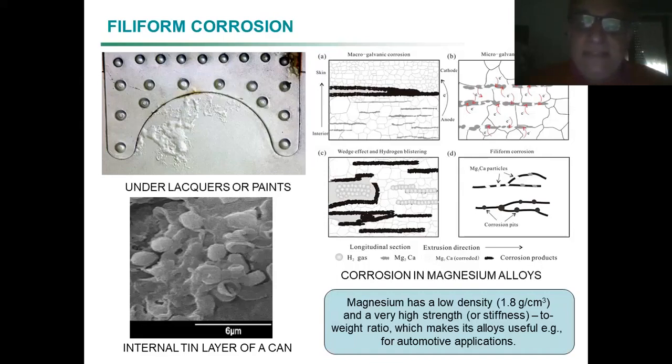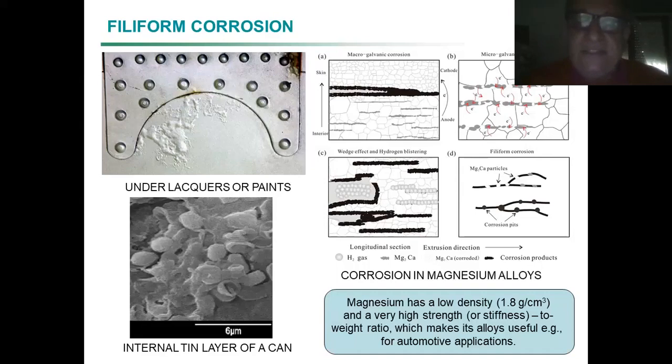What happens is that in magnesium you can have a number of different options of corrosion. Since it is very light, it might also compete with some other light but not structural metal, which is calcium, forming salts and so on, forming filiform corrosion again.